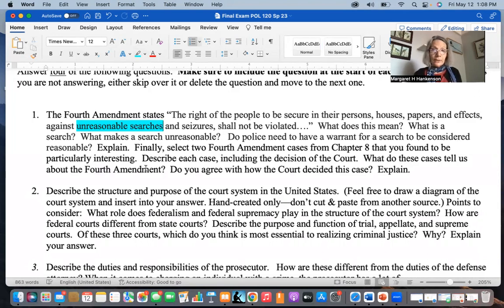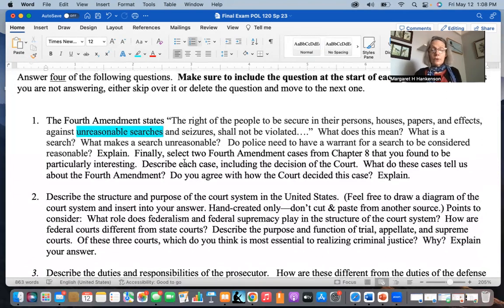So what makes a search unreasonable? And do police need a warrant for a search to be considered reasonable? Those are all questions I want you to answer. Hint: we talked about the warrantless search, right? You don't need to have a warrant for a search to be reasonable. Keep that in mind. That's just a little hint.